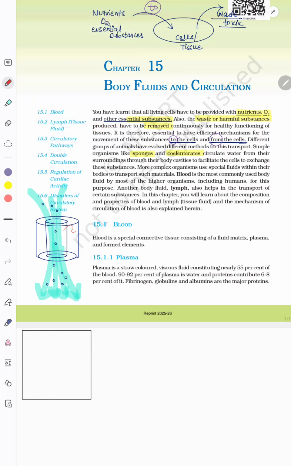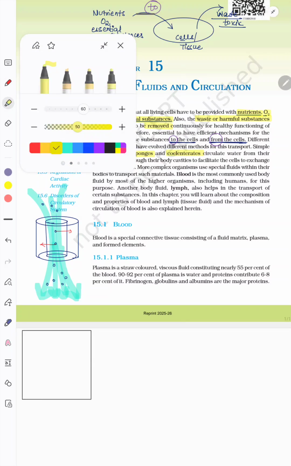Along with water, these substances come, and these organisms absorb them and release the water from the body cavity. So this is a very basic mechanism these organisms follow.